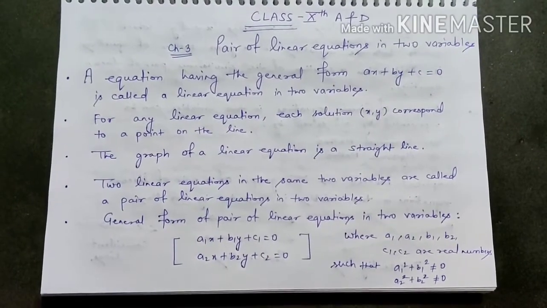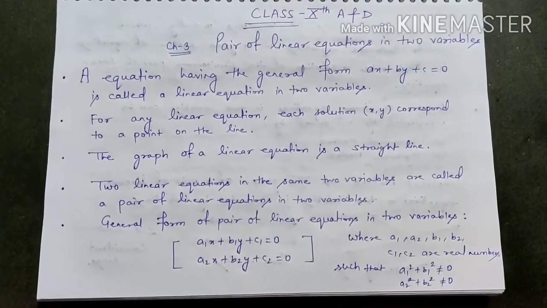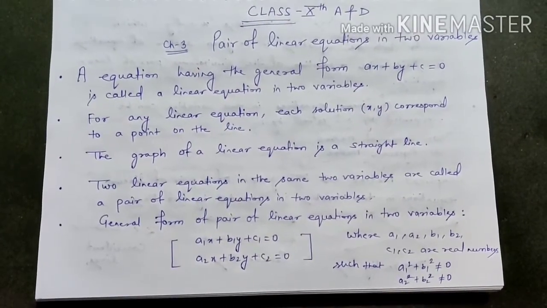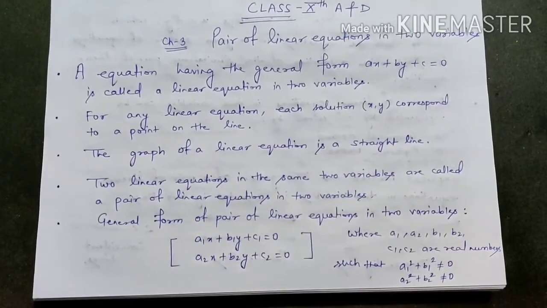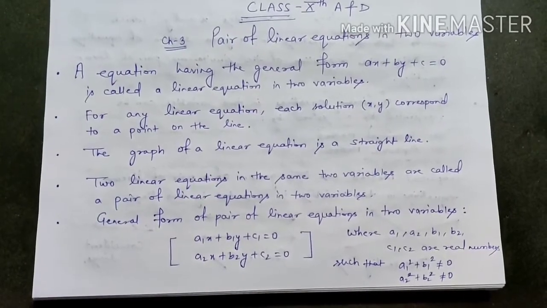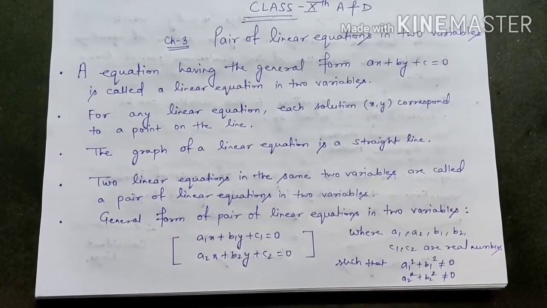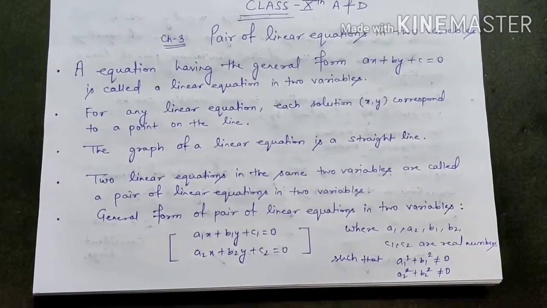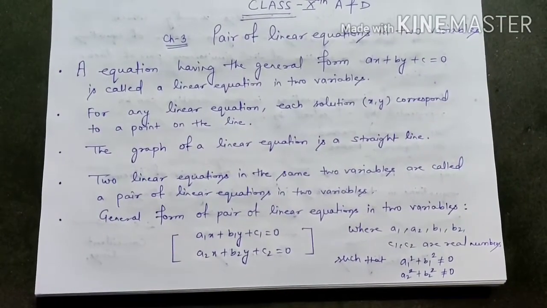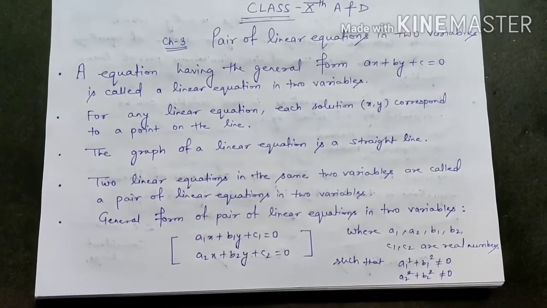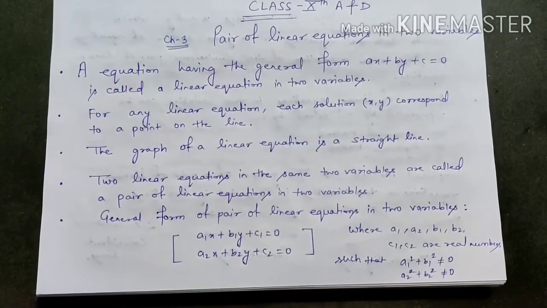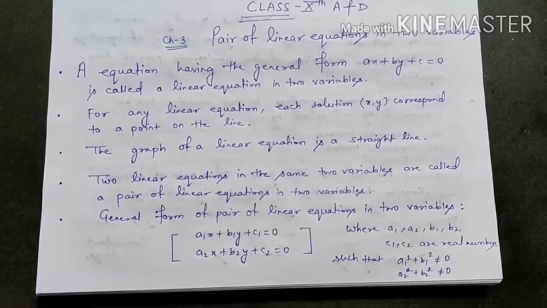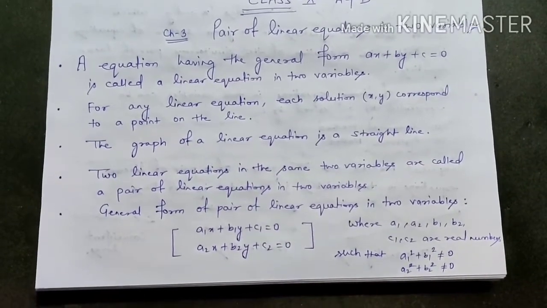Now an equation having the general form ax plus by plus c equal to 0, where x and y are the variables, is called a linear equation in two variables, since it has two variables x and y. Any equation having the general form ax plus by plus c equal to 0, where a, b and c are real numbers and x and y are the variables, is called a linear equation in two variables.